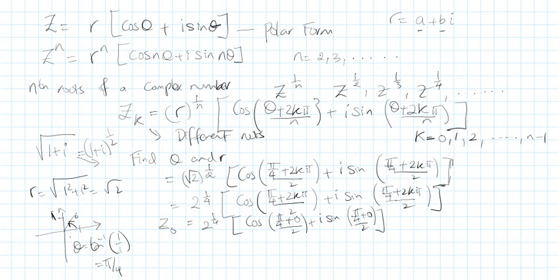Pi over 4 divided by 2 is pi over 8, so you end up getting 2 to the 1/4 cos pi over 8 plus i sine pi over 8. So that's the first answer.